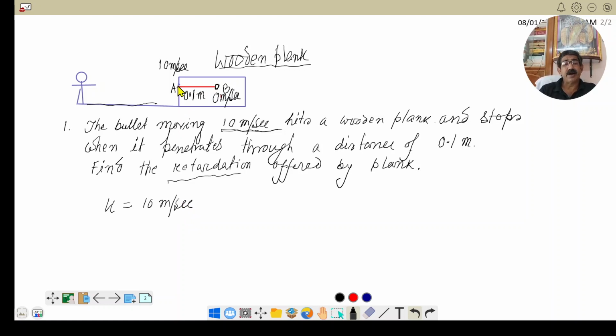Distance traveled by the bullet before coming to rest, S is equal to 0.1 meter. And V is obviously 0 meter per second. We have to calculate the value of A.